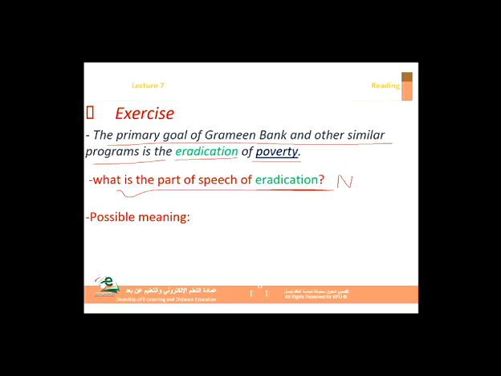Probably you can tell that this is a noun by the suffix, the word ending here. It tells you that this is a noun. All right? Now let's read it logically and think about the possible meanings. What words can I use in place of eradication?